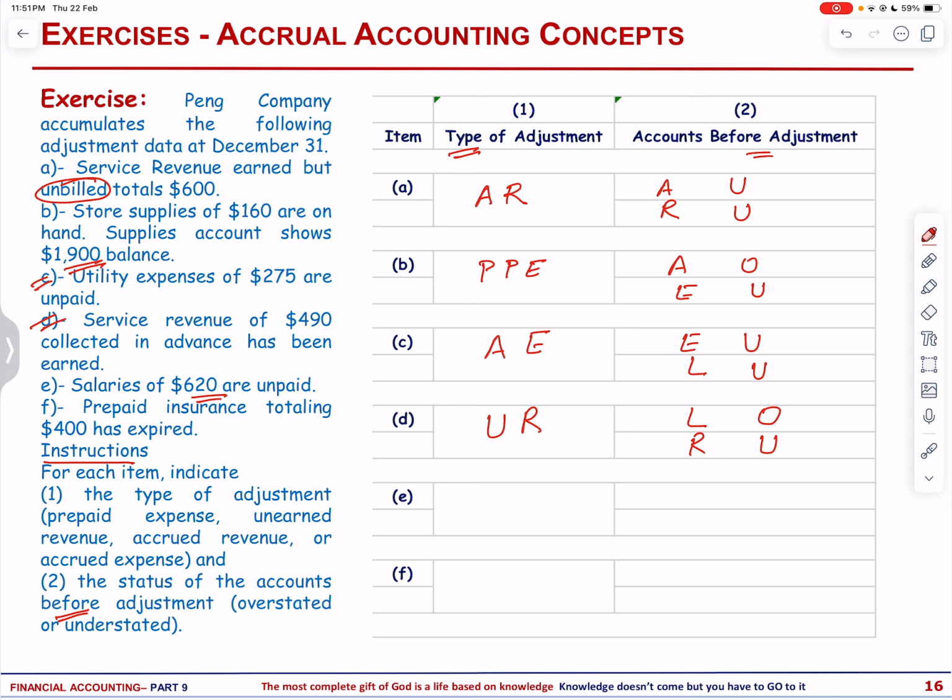This is an adjustment for accrued expense, and before adjustment expenses are understated and liabilities are also understated. Then the last one, prepaid insurance, and when it is prepaid insurance, this is an adjustment for prepaid expense. Assets are overstated and expenses are understated.